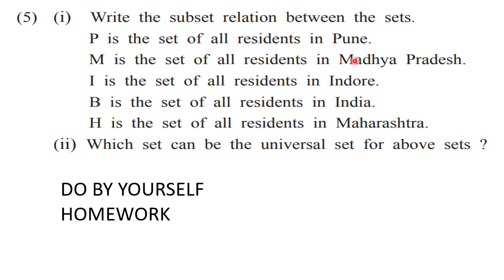Indore is in Madhya Pradesh, so I is a subset of M. And Madhya Pradesh is again in India, so M is a subset of B. So in this way you can write down the relationships.